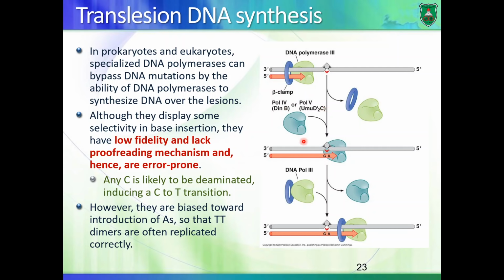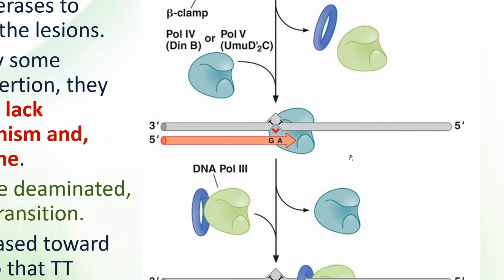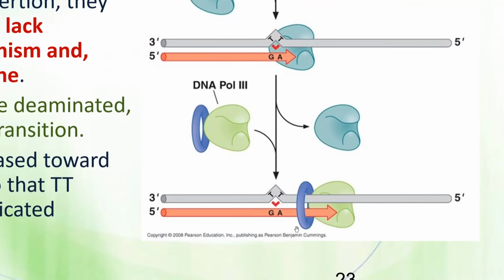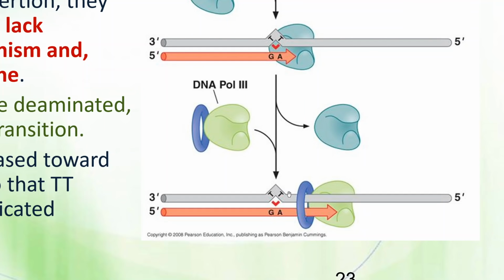They allow for the continuation of DNA synthesis even in the presence of the lesion. So this comes in, it jumps on the DNA, and it allows for DNA synthesis. Then it gets released, and DNA polymerase 3 comes back on and continues DNA synthesis.